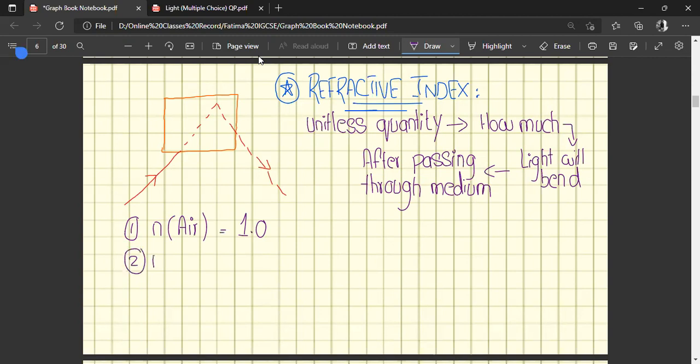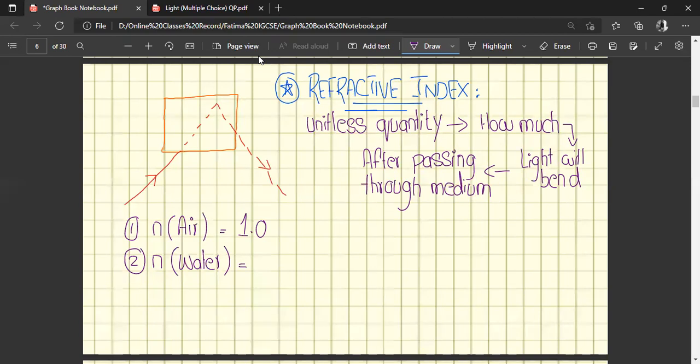And if we discuss water and glass, what will be the refractive index for water? Have you studied the refractive index of water and of glass?